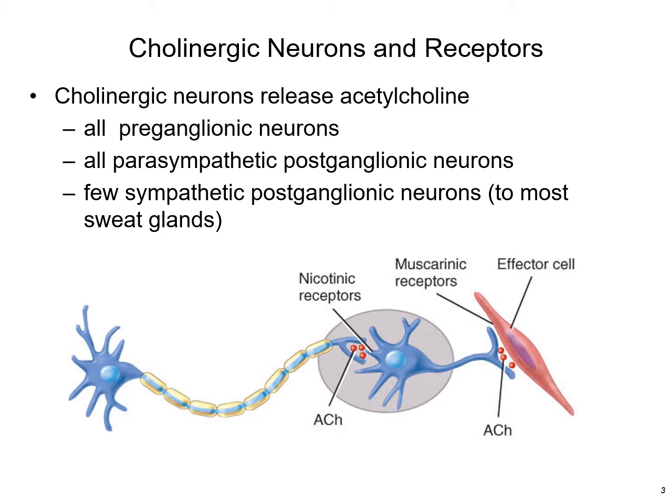It kind of makes sense that when it comes to acetylcholine release, all parasympathetic postganglionic neurons are cholinergic, releasing acetylcholine. What happens in the ganglia, all preganglionic neurons, no matter what they are connected to, are releasing acetylcholine.